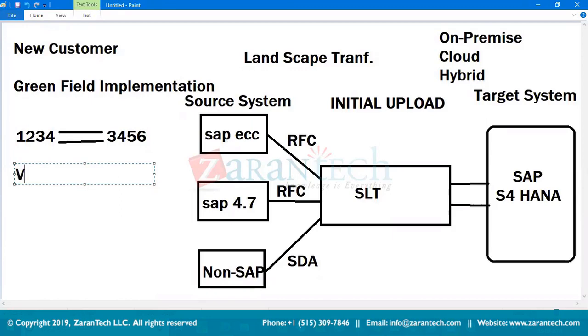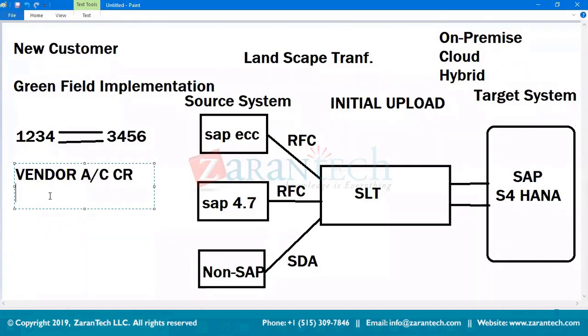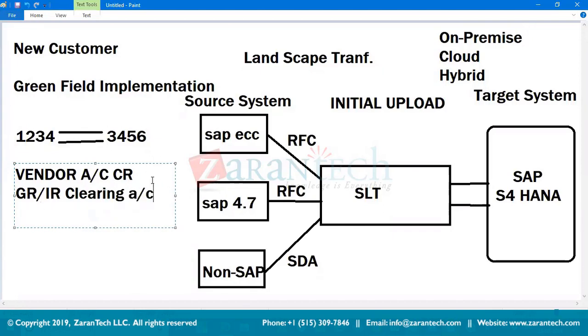The vendor account will become the credit, and there is a concept called the GRIR clearing account, which will become the debit. This is an accounting entry.